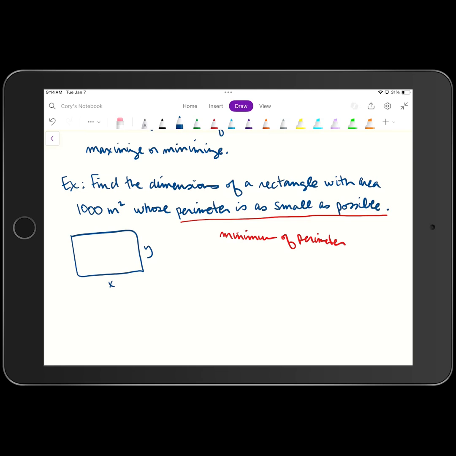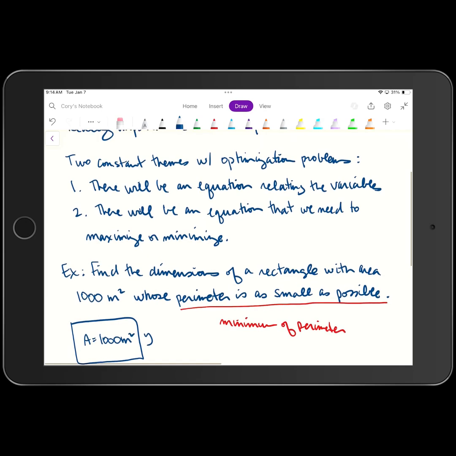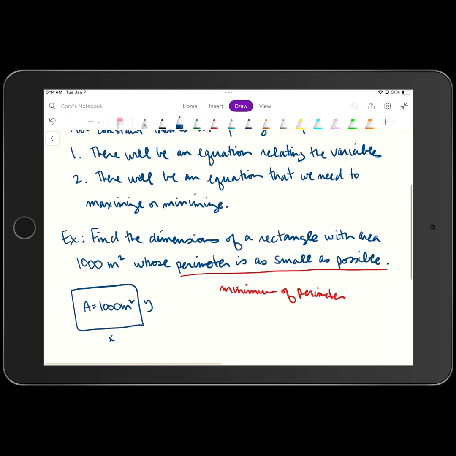What we do know is that the area of that rectangle is 1,000 square meters, and that tells us the equation that we're going to need to relate the two variables in our problem.